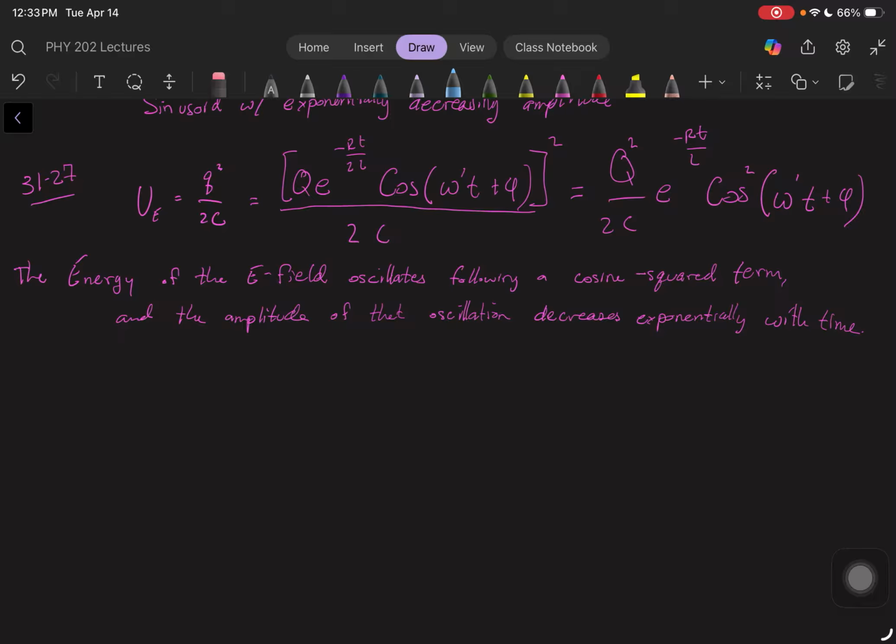And so let's hop into chapter 31, section 6, which is alternating current. You'll often hear people say AC current, which means alternating current. It's just like when people say ATM machine, right?